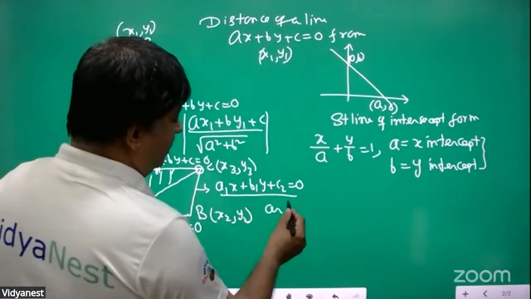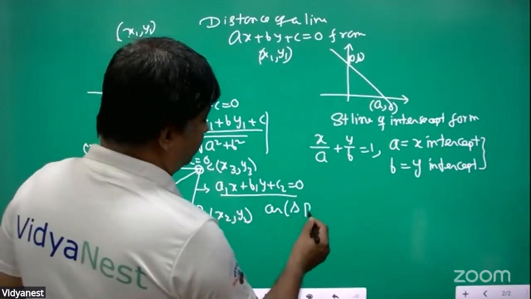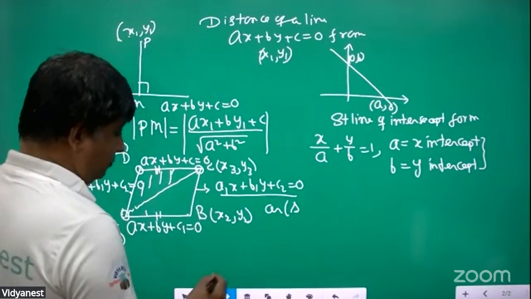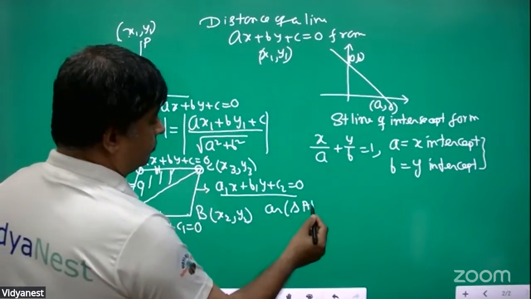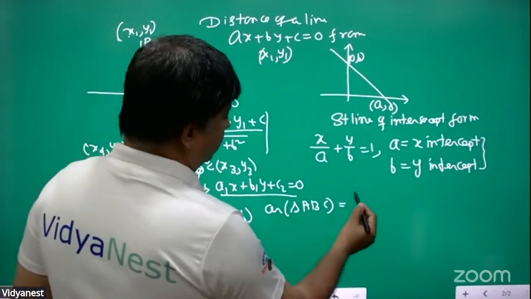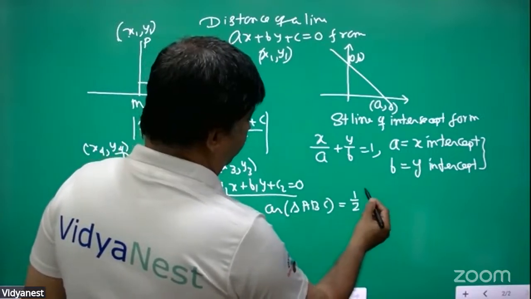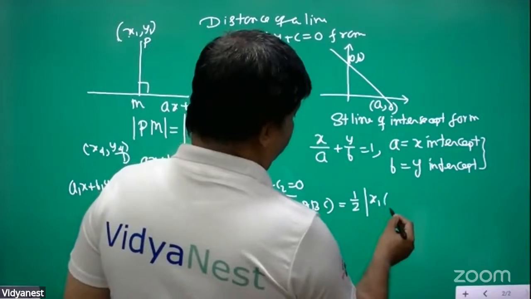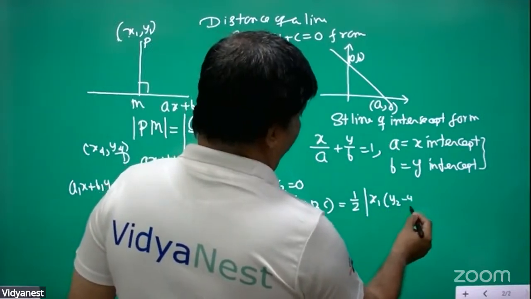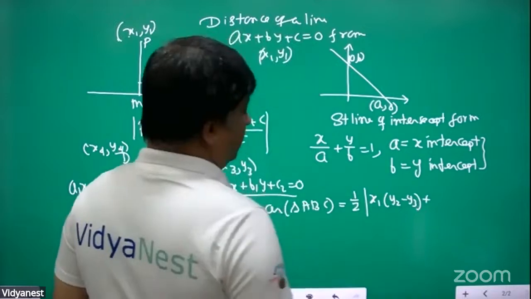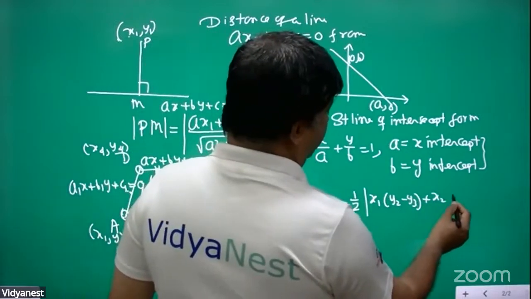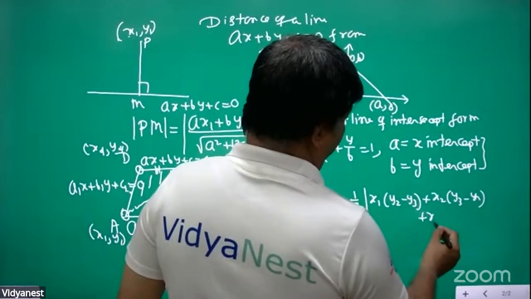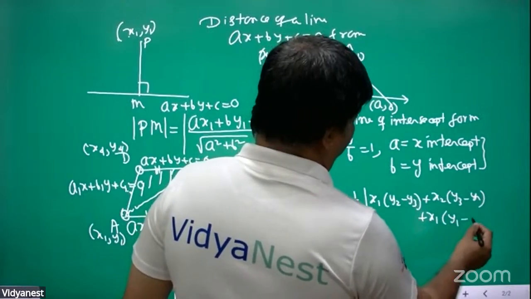Area of the triangle in junior class you were taught: half of x1 (y2 minus y3) plus x2 (y3 minus y1) plus x3 (y1 minus y2).